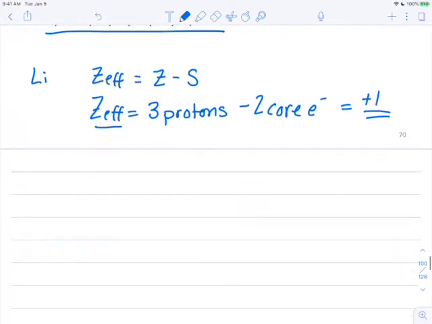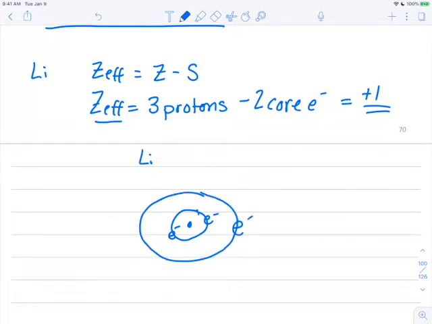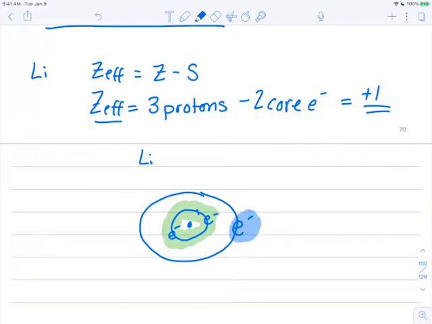Just to draw this out and take a look at what's going on, this is our lithium. Here's my little nucleus. Here is my first energy level. Here's my second energy level. What we're seeing is these core electrons right here are shielding the valence electron, who's trying to be bad. They're shielding it from the full power of the nucleus, from the power of the parents.